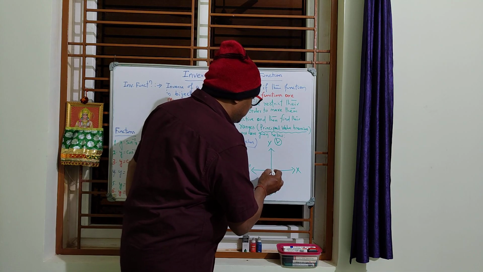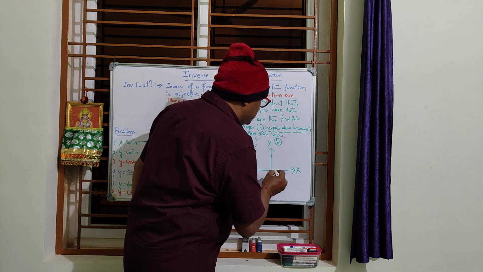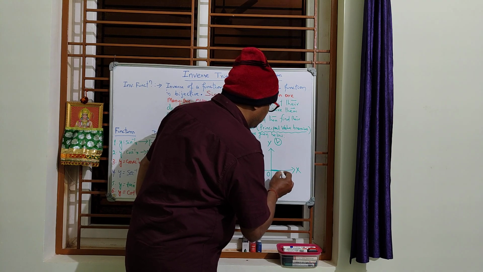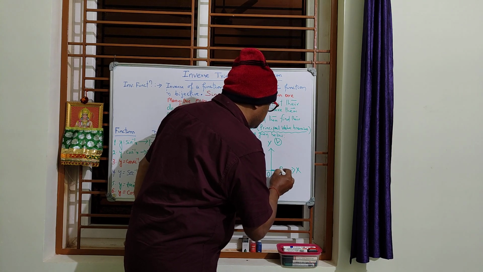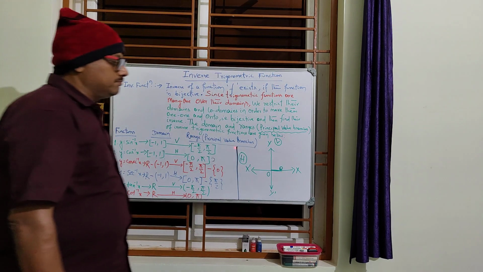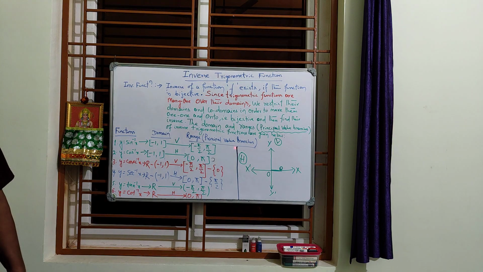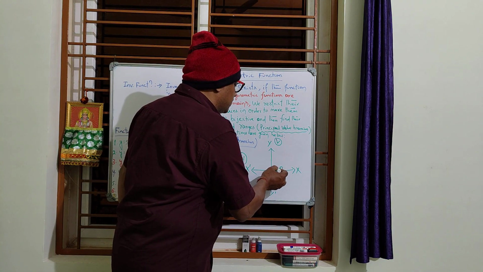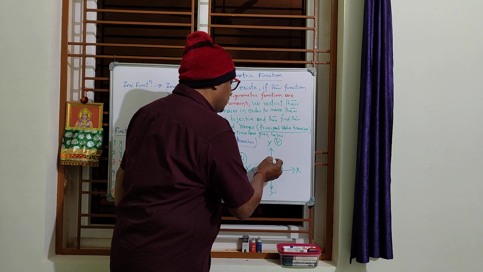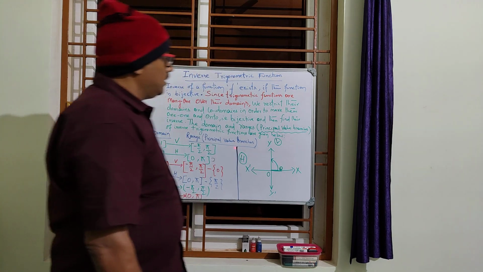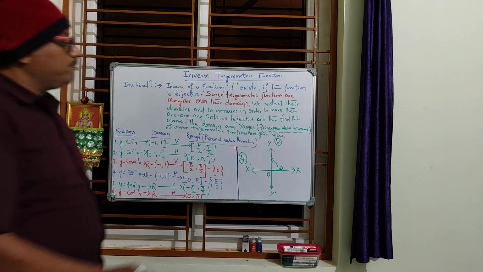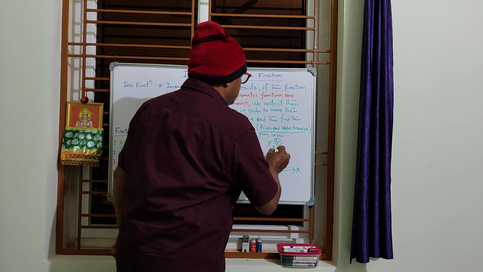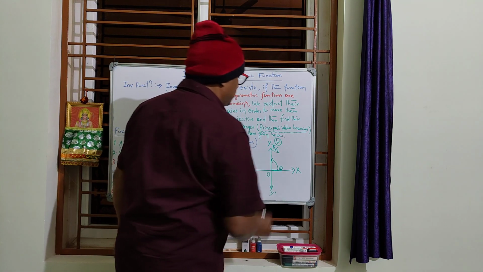From the origin, that is O, this line starts at 0. In this position, the angle is 0. In the positive direction, the angle is pi by 2. Positive direction means anti-clockwise.